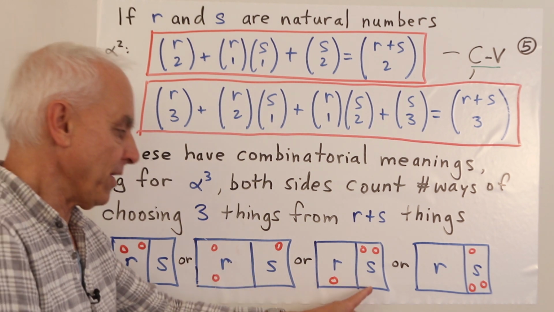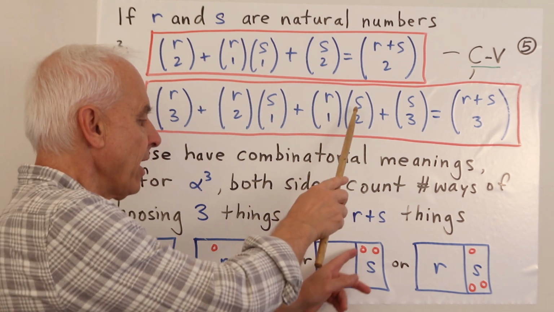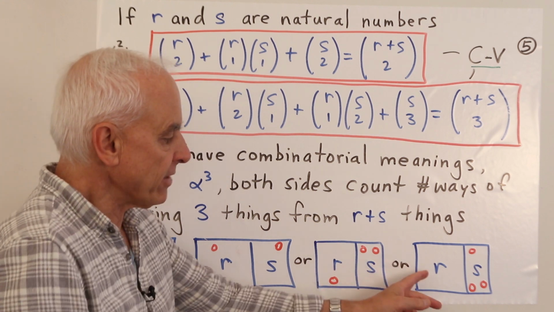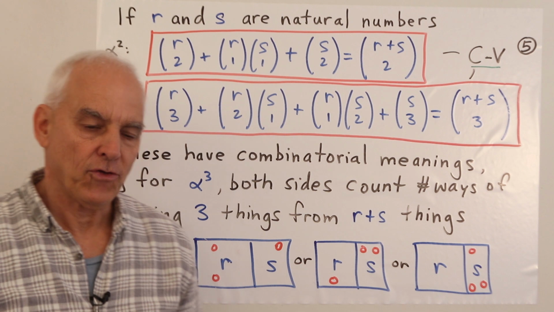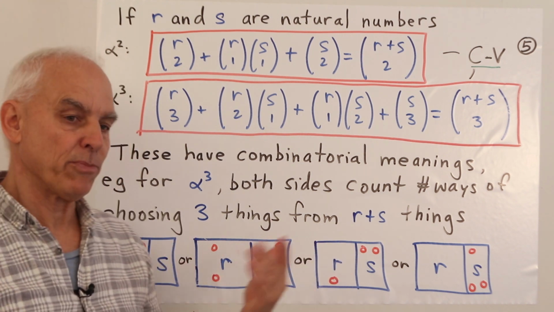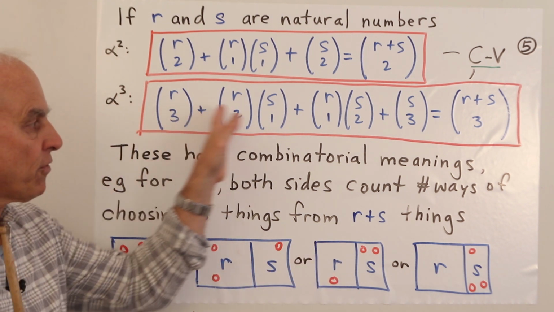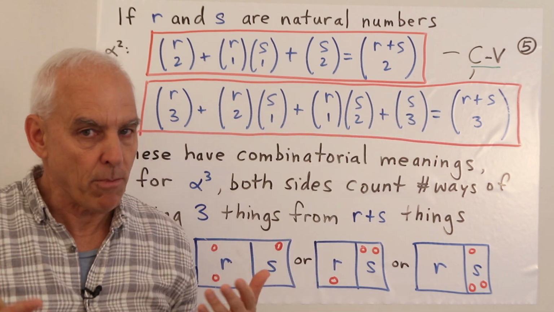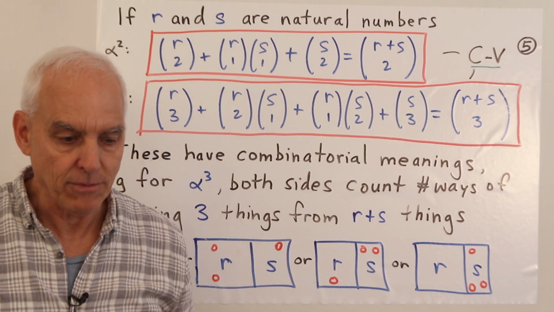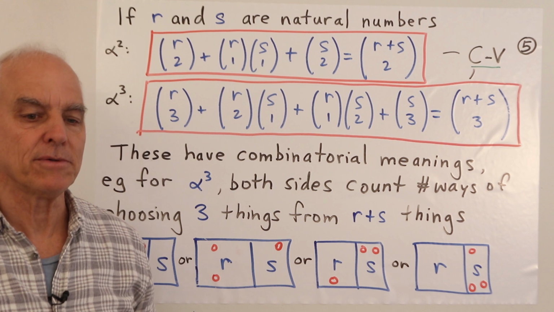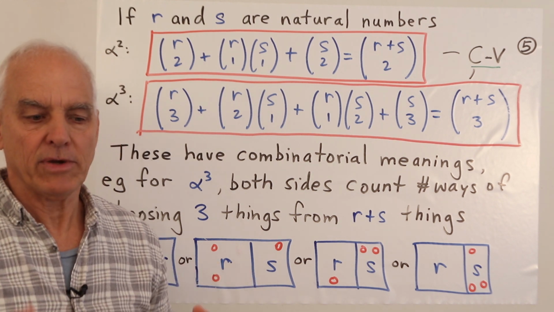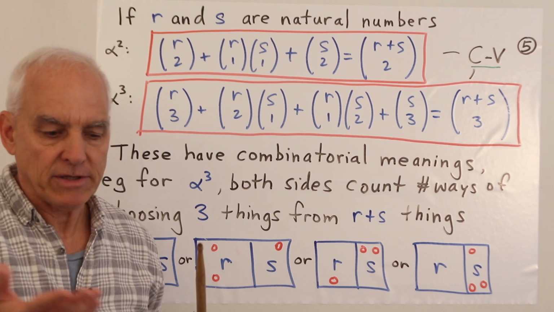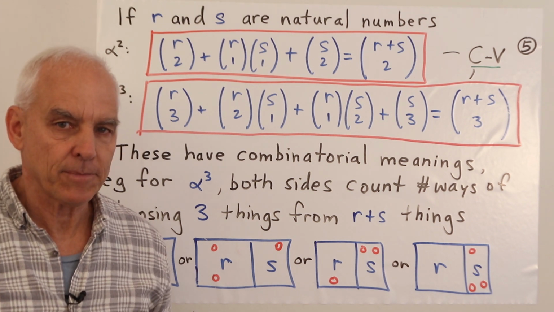The number of ways of doing this is r choose 1 times s choose 2, and the number of ways of doing this is just s choose 3. So this combinatorial interpretation makes the truth of the identity almost immediate, which is why Chu was able to discover this. It's a very natural relationship when talking about elementary combinatorics, in fact.